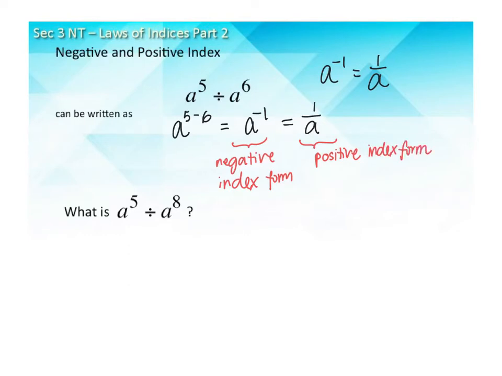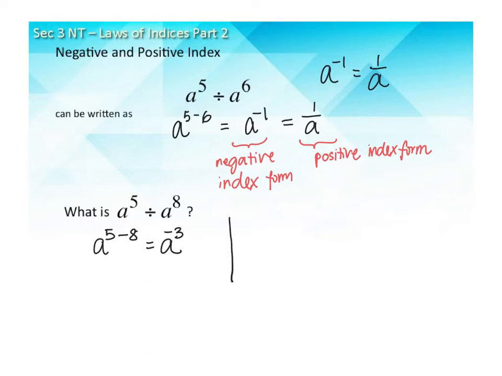Now what happens if I have a to the power of 5 divided by a to the power of 8? If I go by my indices rule, this will be a to the power of 5 minus 8. So I'll get a to the power of negative 3.